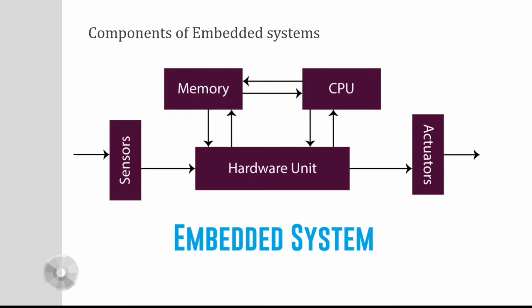Here the hardware unit has a memory that holds the coding part, or the program. It transmits the program data from the memory to the hardware. And here we have the CPU for performing ALU operations, like arithmetic functions such as addition, subtraction, division and multiplication.